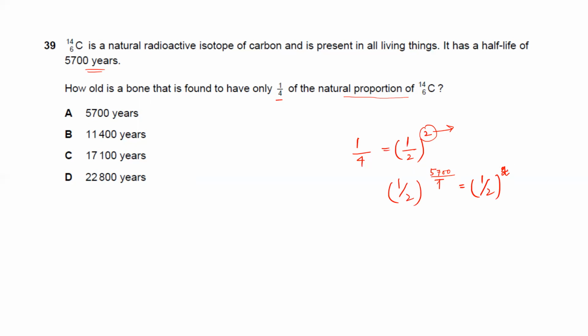Sorry, I wrote this in the opposite fashion. So the time will be 2 multiplied by 5,700, and this is 11,400 years. So answer B is the choice we have.